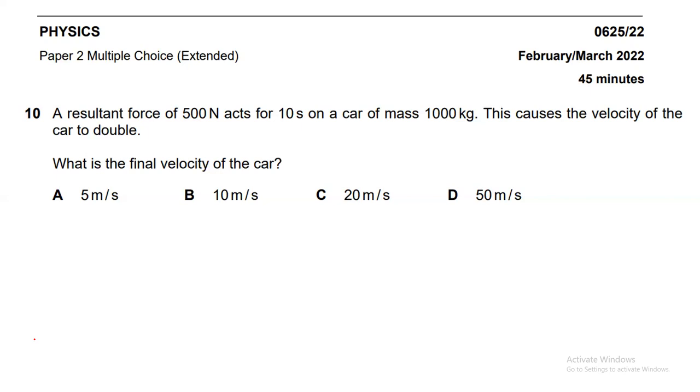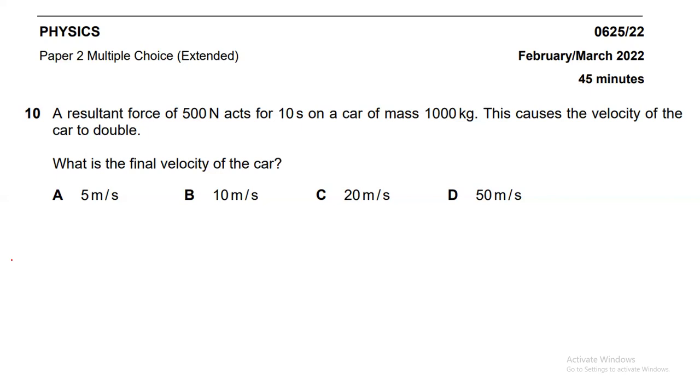And we know one thing, that the velocity has doubled. If the velocity was v before the application of the force, then after 10 seconds the velocity will become 2v.